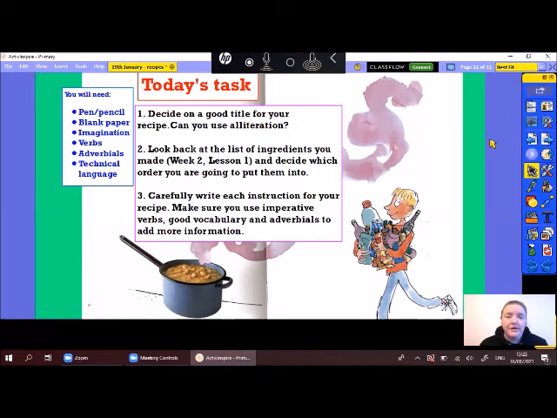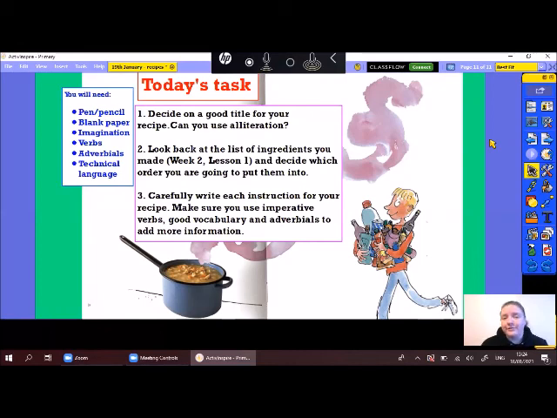Instruction 2, look back at the list of ingredients that you made back in week 2, lesson 1, so that would have been last Monday, and decide which order you're going to add them in. And then carefully write each instruction for your recipe. Make sure you use imperative verbs, good vocabulary, and adverbials to add more information.